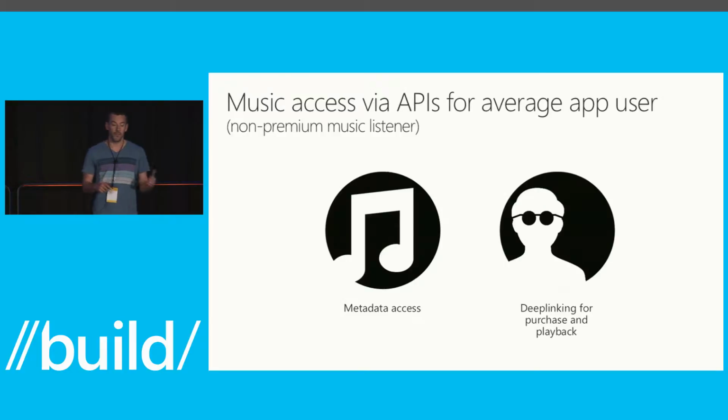Then, once you've found and displayed that song, album, or artist, the typical music API allows deep linking to the service's first-party clients so the user can either play the song or buy the song. If you guys have used APIs like this in the past, then you'll know that as you drive users from your application to their service, there's typically some sort of referral fee paid to you as an affiliate. Xbox Music is proud to offer a similar take on this entire model. Let me show you.